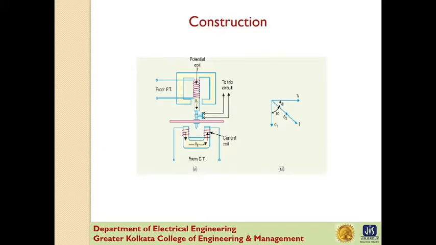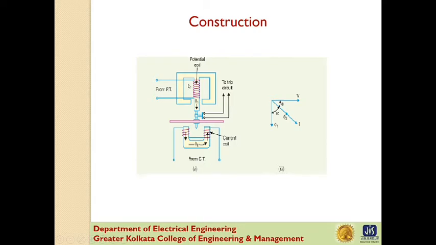Next is the constructional details. This figure shows the essential parts of a typical induction type directional power relay. It consists of an aluminium disc which is free to rotate in between poles of two electromagnets.